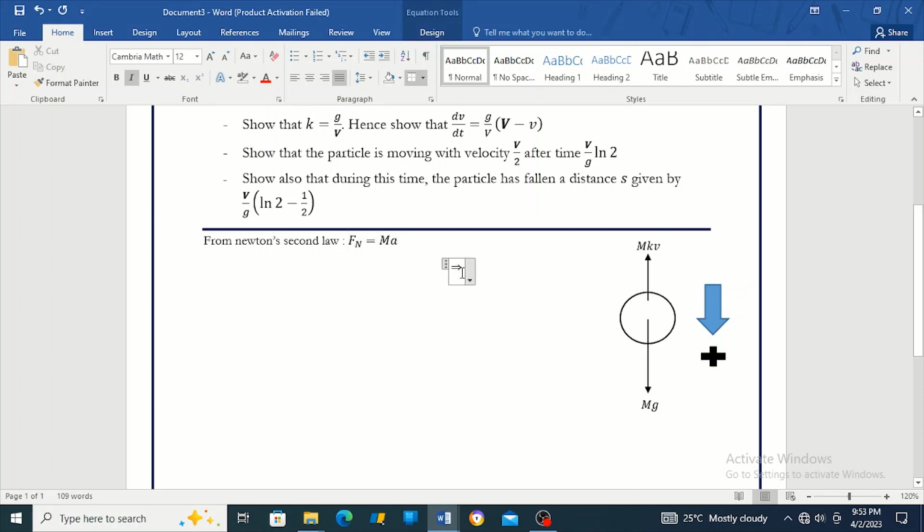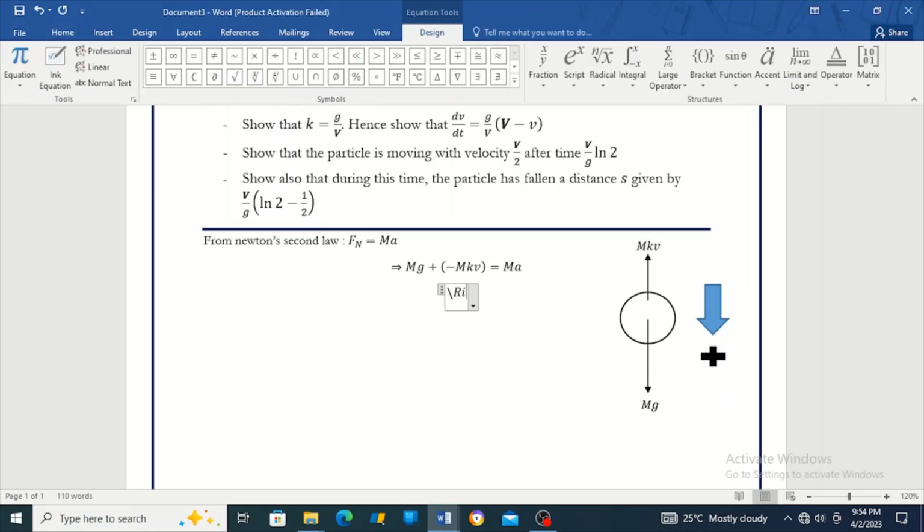So the net force acting on this particle is positive of the weight, which is mg, plus negative of mkv, because I'm taking the algebraic sum, meaning I take the sum together with the signs. Since mg is going downwards, I call it positive, plus mkv is in the opposite direction to my reference frame, so it becomes negative, equal to ma.